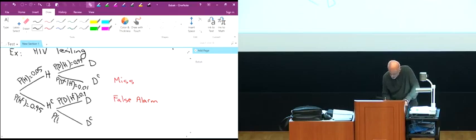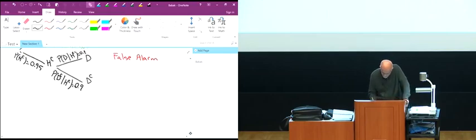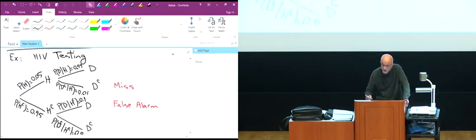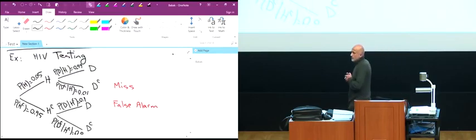And the probability that that person will be correctly declared as uninfected is what? 0.9. Okay. Here's what I want you to figure out.